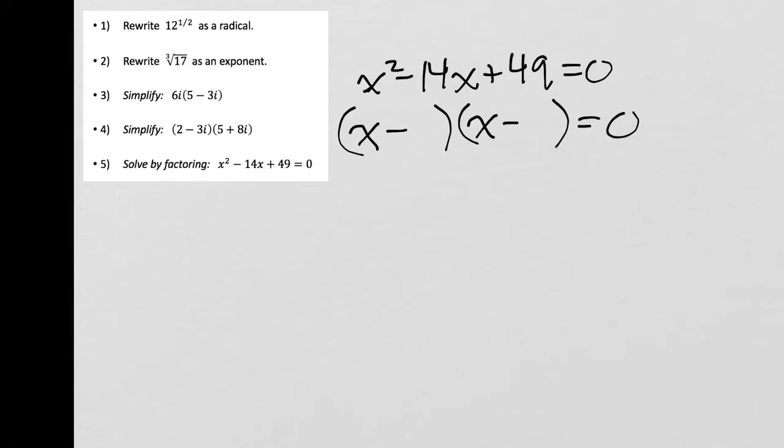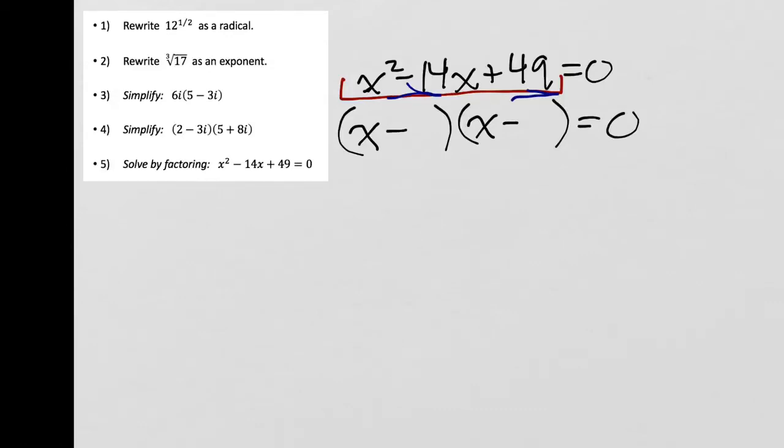But there's one more thing that exists here, which is if I look closely at this trinomial, it's got a special property. We're going to talk about that in a second. In the meantime, we need two numbers that multiply to give us 49 and add to give us negative 14, right?